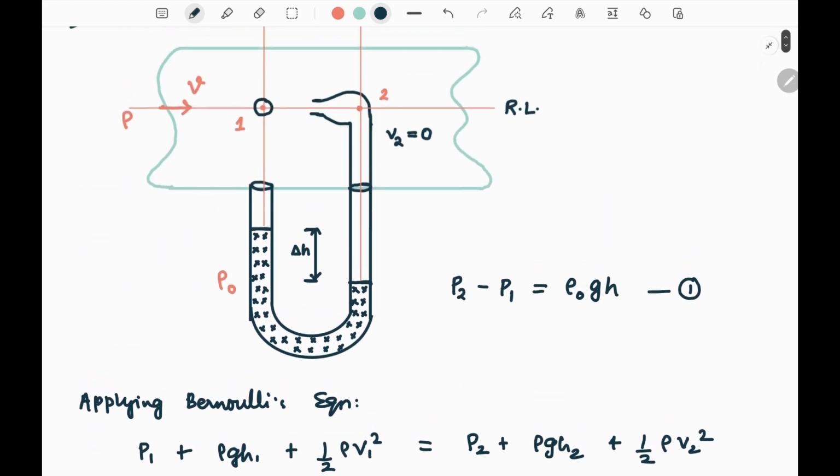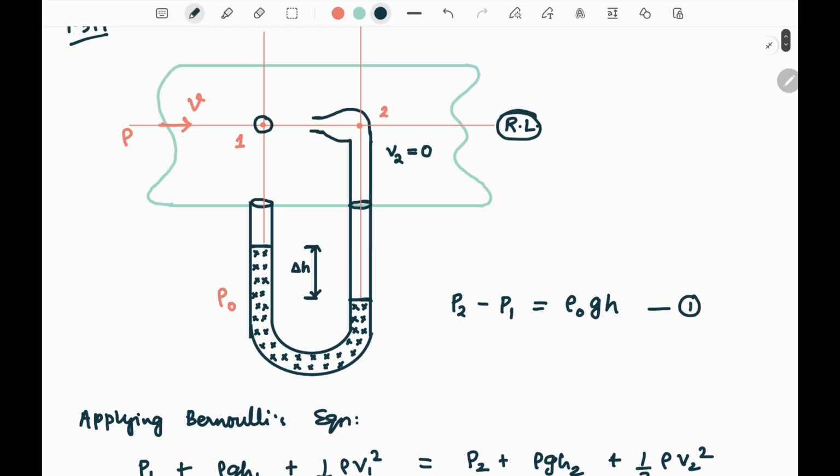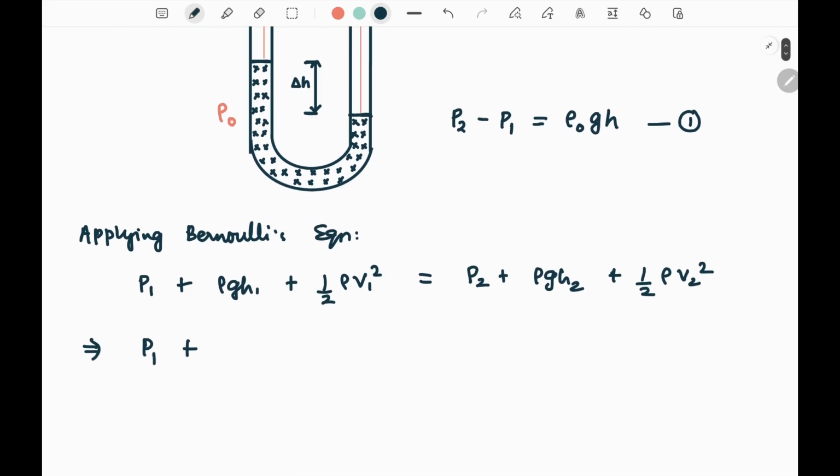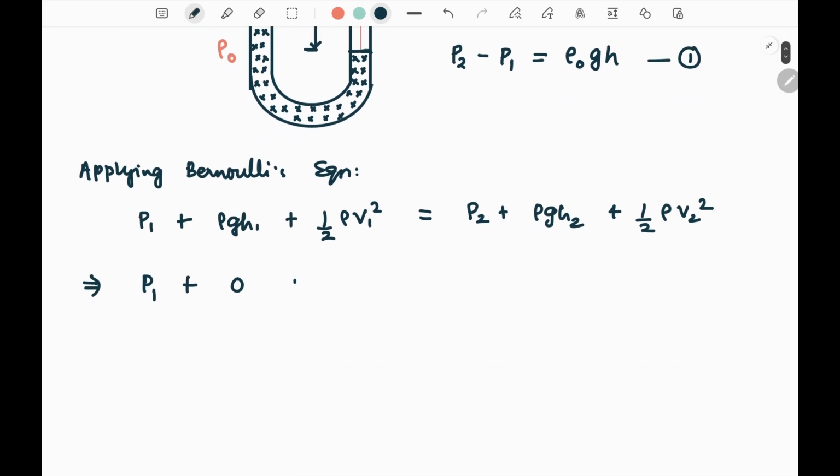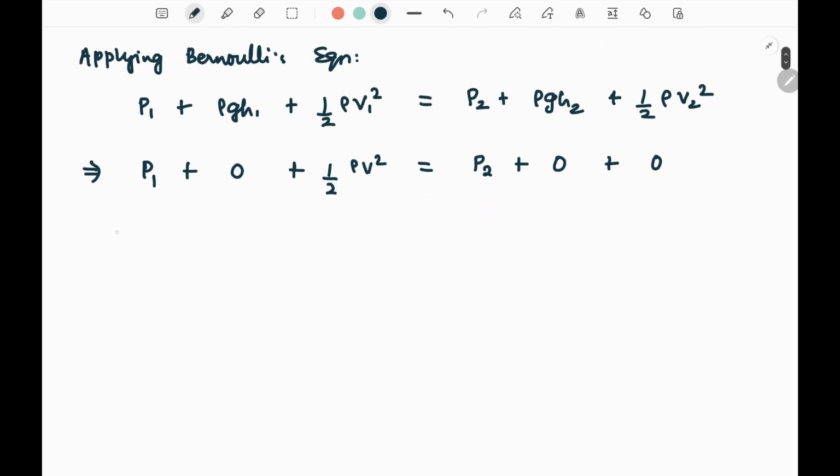Now H1 and H2: if I consider this one as the reference level, H1 and H2 both are equal to 0, that is, both the points 1 and 2 are on the same horizontal line. So hence we can say that this value equals 0, half rho V square, where V is the velocity of flow, equals P2 plus 0, as the gas in the pitot tube comes to a momentary halt. So the next that we write is half rho V square is equal to P2 minus P1.